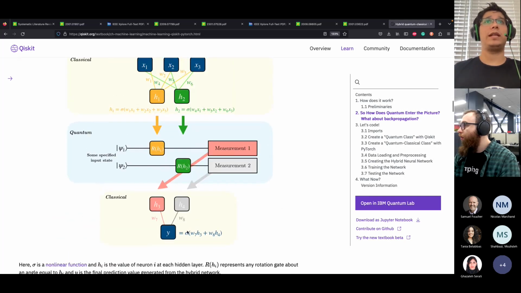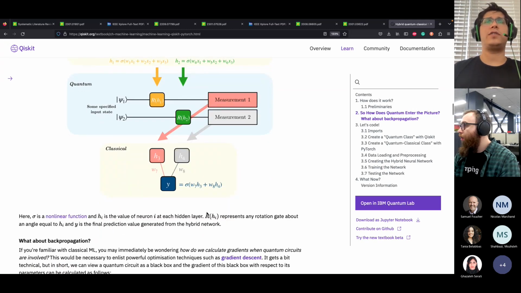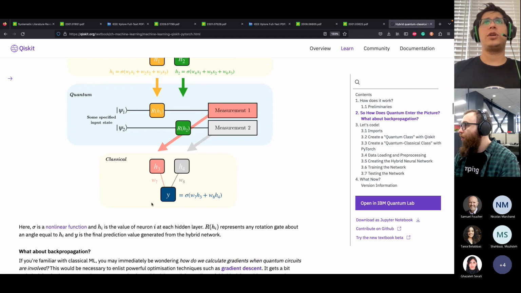In this case, this will be like a perceptron, because you have a sigma. I think they're assuming it's just a nonlinear function, but you can assume it's a sigmoid. So you can do binary classification at the end with this output.